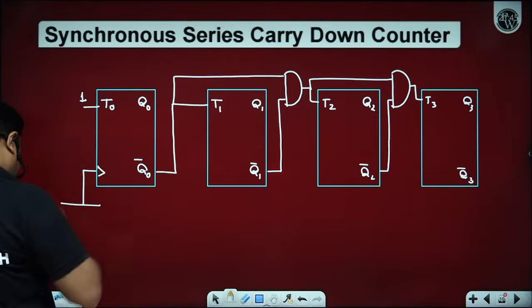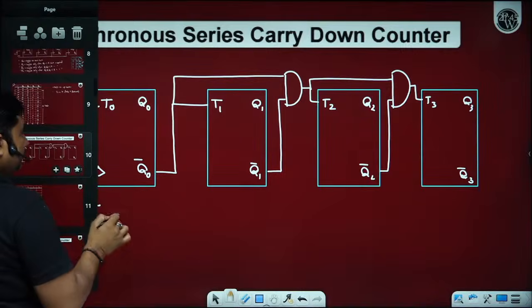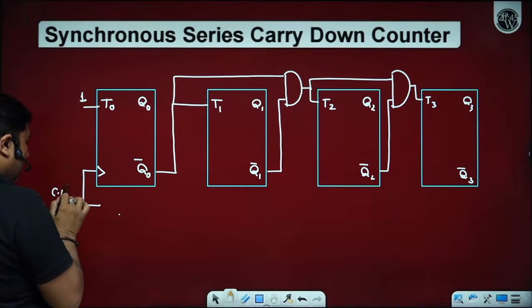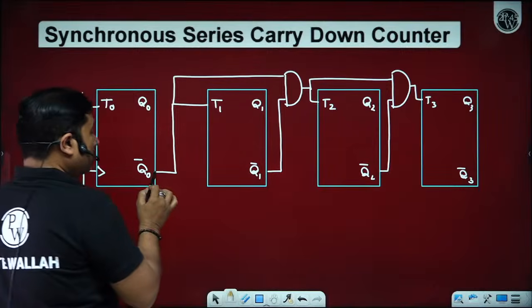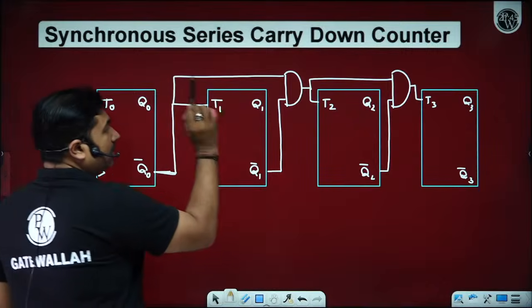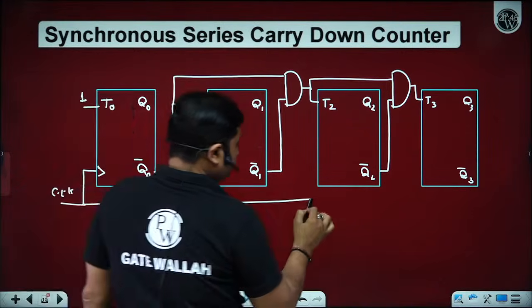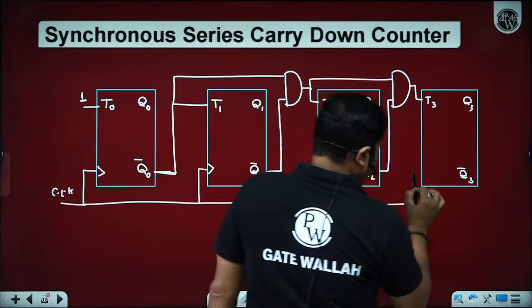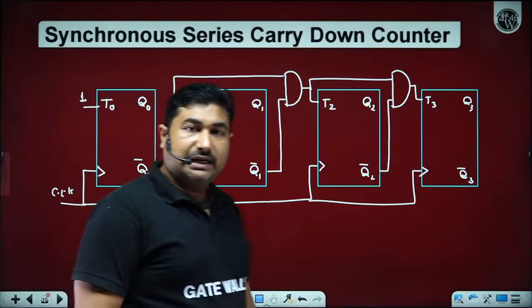Here this T0 is 1. Okay. So it toggles on every positive edge triggered clock. However, the next one will toggle only when Q0 is 0 or Q0 bar is 1 and a clock is applied. Same clock is applied to all flip flops. Is it okay, Betaji? Please let me know by writing in the comment section, Betaji.